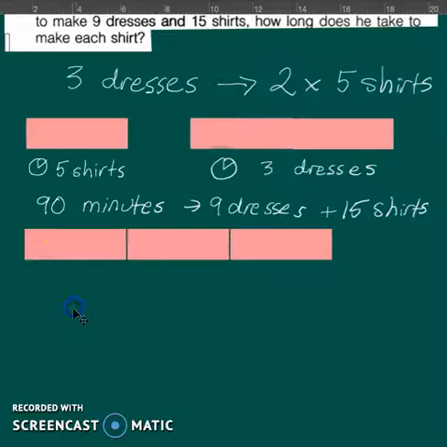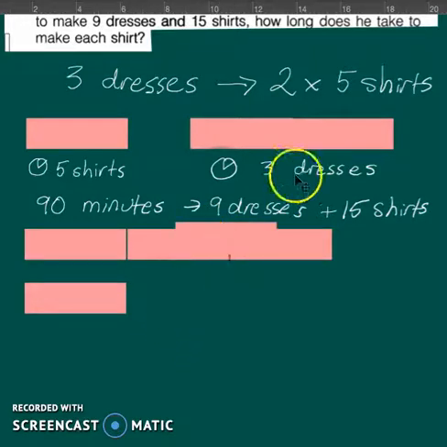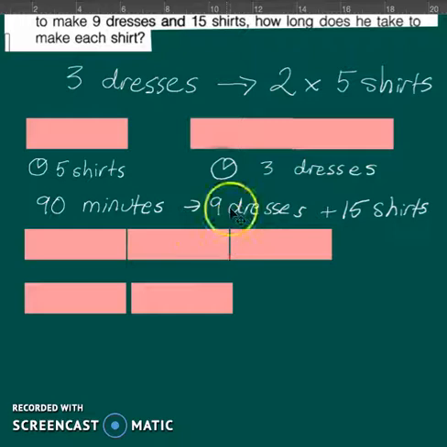What else do we need? We need 9 dresses. So what did we figure out above? Every time we make 3 dresses, we need 2 of the bars. So here's 3 dresses. Let's also label what we're doing. So this is 15 shirts. Then this is 3 dresses.